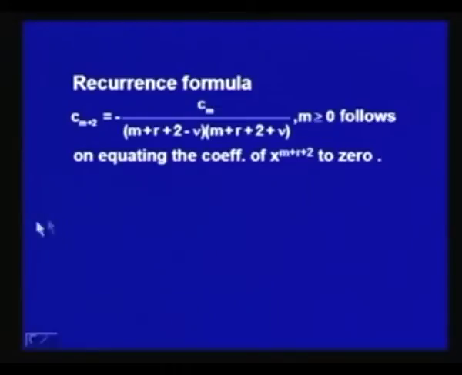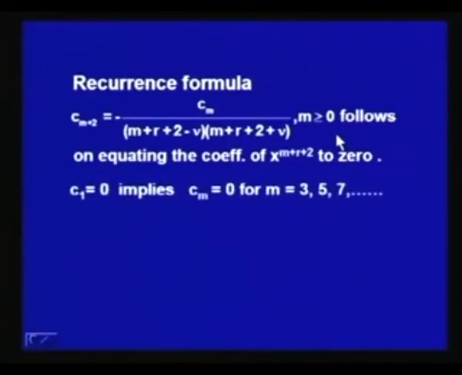Next, let us equate to 0 the coefficient of x to the power m plus r plus 2 in the equation. We will have C m plus 2 equal to minus C m over (m plus r plus 2 minus nu) into (m plus r plus 2 plus nu) for all m greater than or equal to 0, that is m equal to 0, 1, 2, 3 and so on.